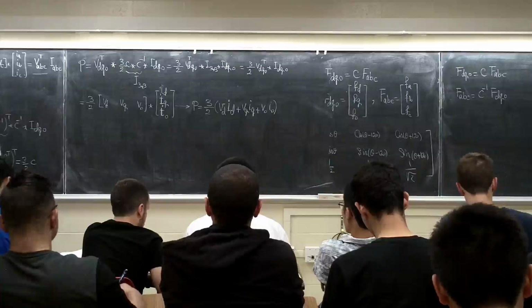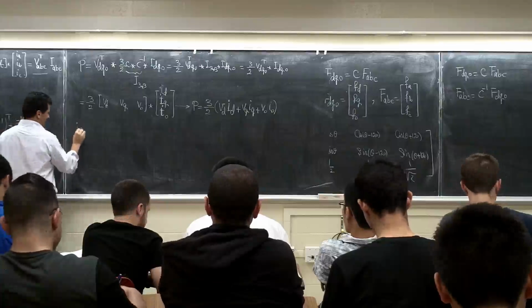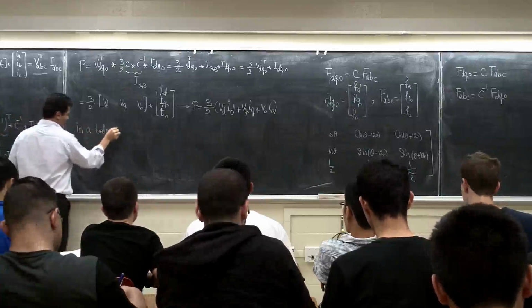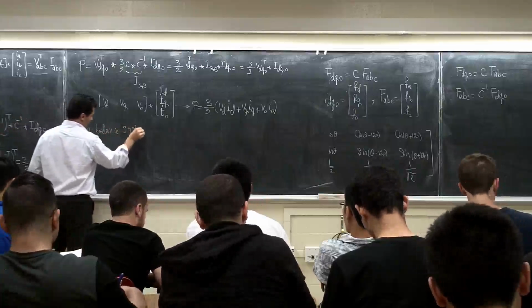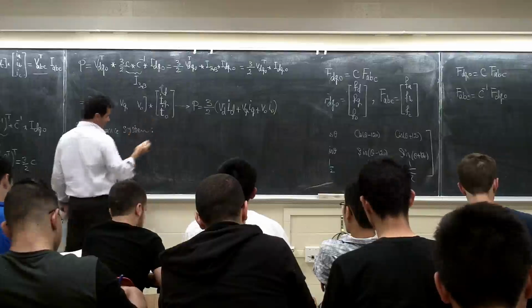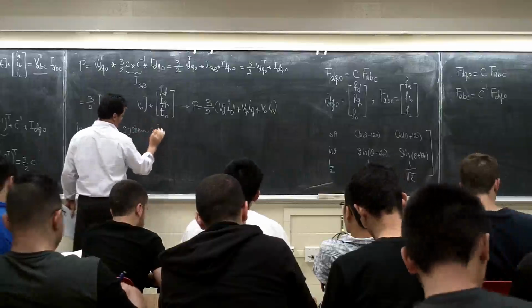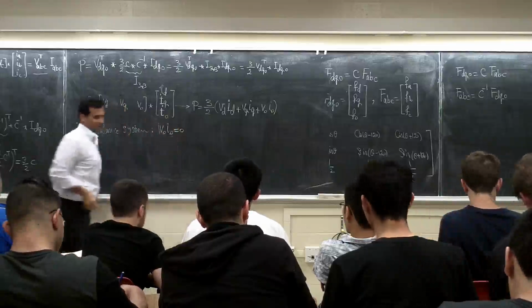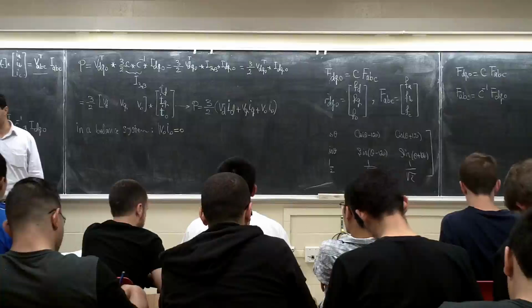In a balanced system, basically VO is 0 and IO is 0, all of them are 0.